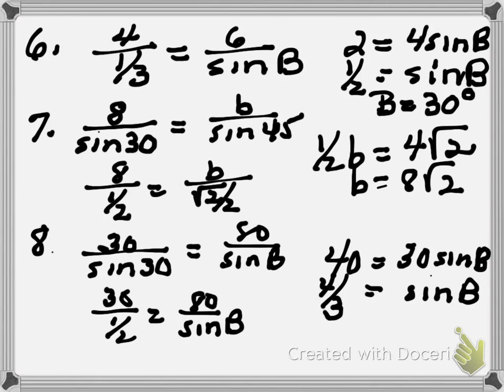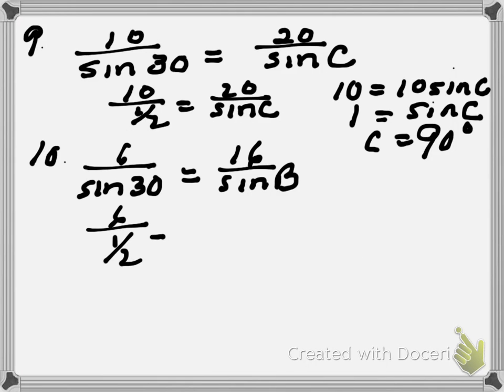What angle has a sine of 4/3? There is none, because the sine graph, remember, has a maximum value of 1. So therefore, there is no angle that has a sine equal to 4/3.